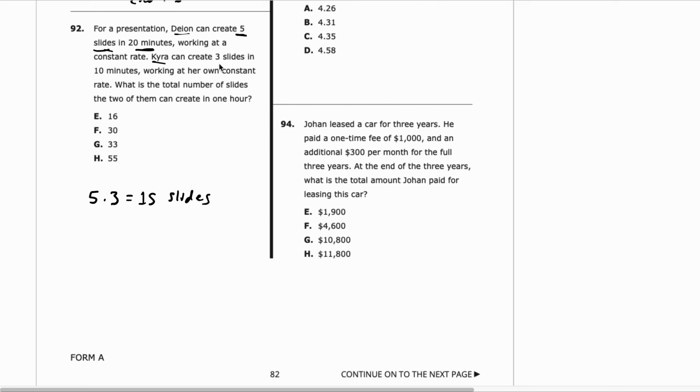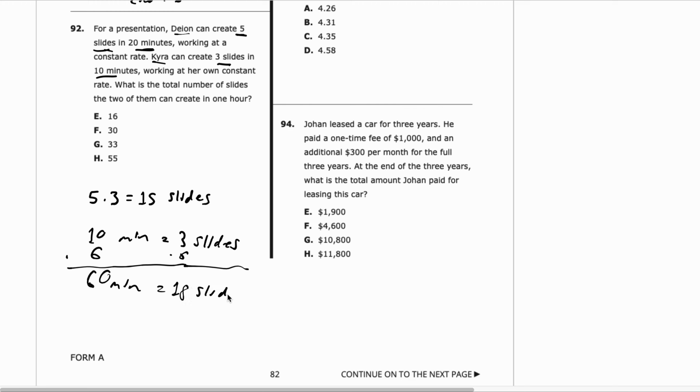And then if Kyra can create 3 slides in 10 minutes, then in 60 minutes we're going to multiply by 6. And therefore in 60 minutes, she should be able to create 18 slides.